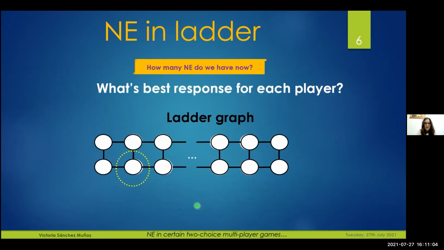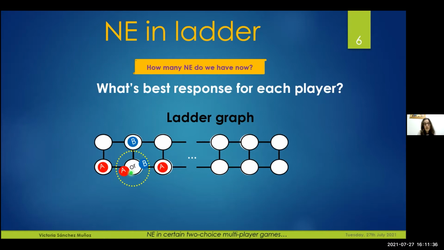So how do we start? Well, for the Nash equilibria in the ladder, first we need to define the best response for each player. Let me be a little bit more specific. We have here the ladder graph, and let's look at this player specifically. And imagine that the opponents choose to play strategies A and B. The question is, what should this player do?